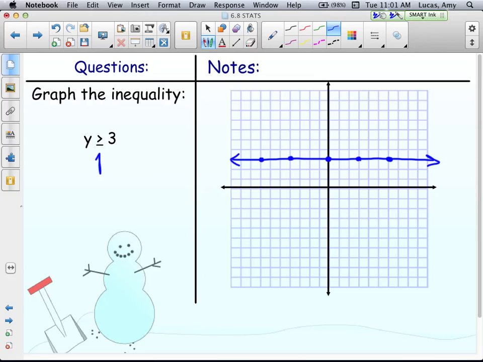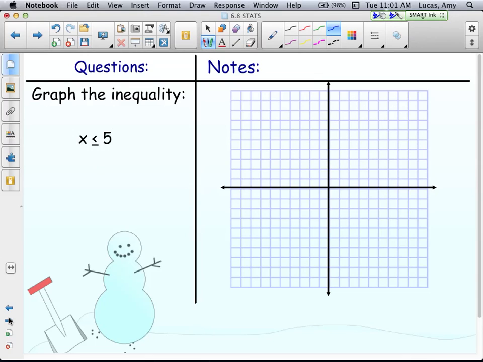Now my symbol, because this boundary line would be y equals 3, my symbol says y is greater than or equal to that 3, so I'm shading up above. That region has a y coordinate that is greater than 3. Greater than or equal to includes the line, so that's why I did a solid line for my boundary line. So greater than or equal to, solid line shaded above.